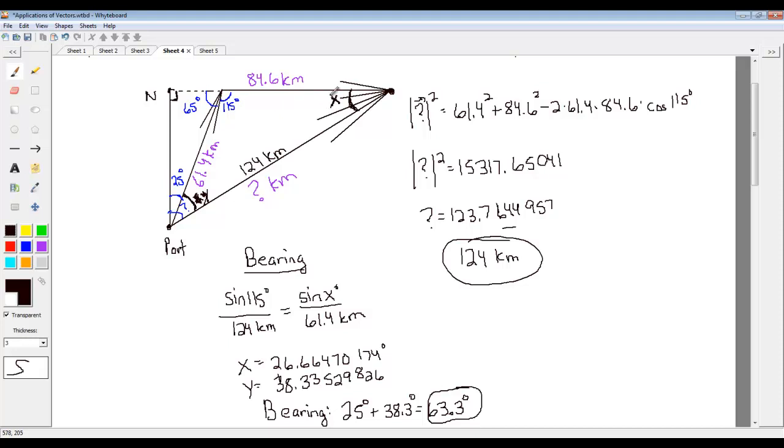Those two add together to give you 141.7. So you subtract from 180 to get this one, and you get 38.3. Well, just finding that angle is not enough. Once you get that 38.3 degrees, you have to add it to the 25 that exists here to get that full bearing of 63.3 degrees.